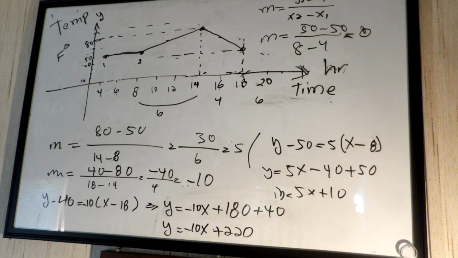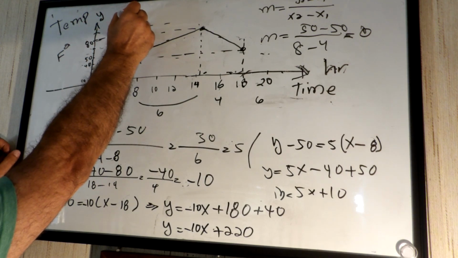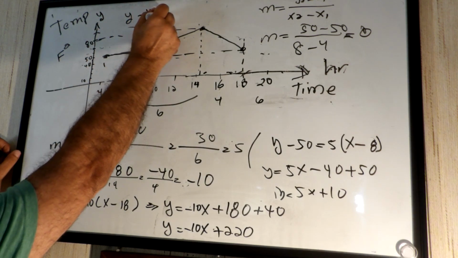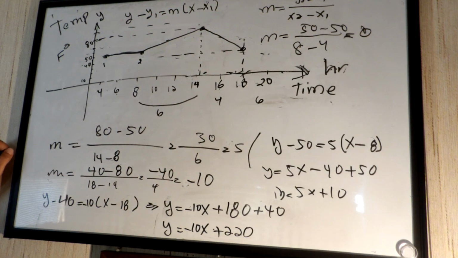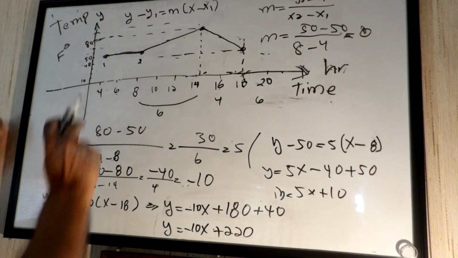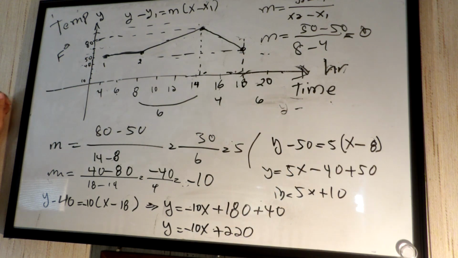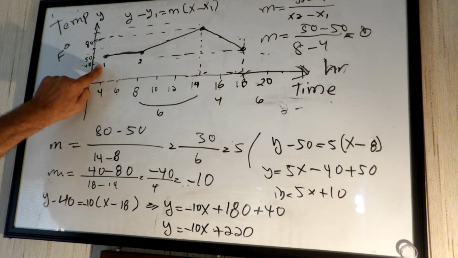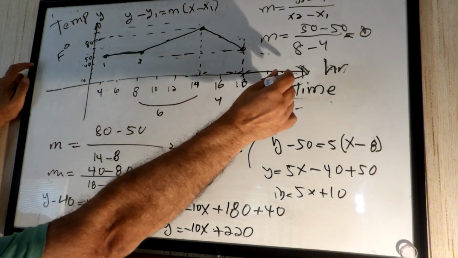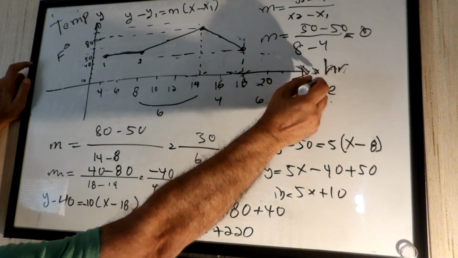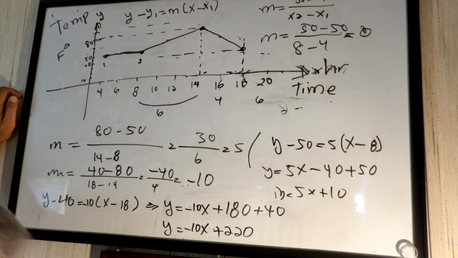If you want the equation of this line, you write y minus y1 equals m times (x minus x1). That's the general formula. Y1 is at point 1. This is axis y, this is axis x, with x in hours and y in temperature in Fahrenheit.